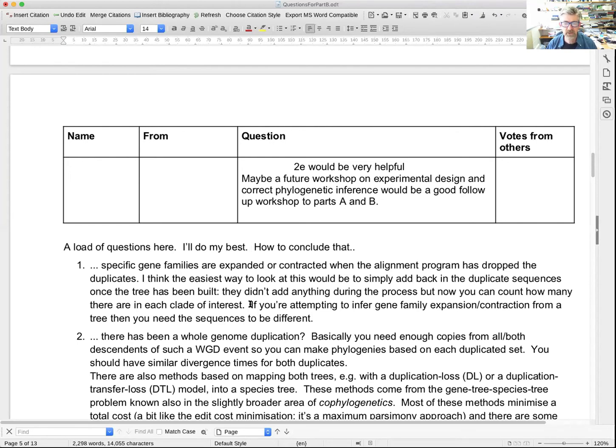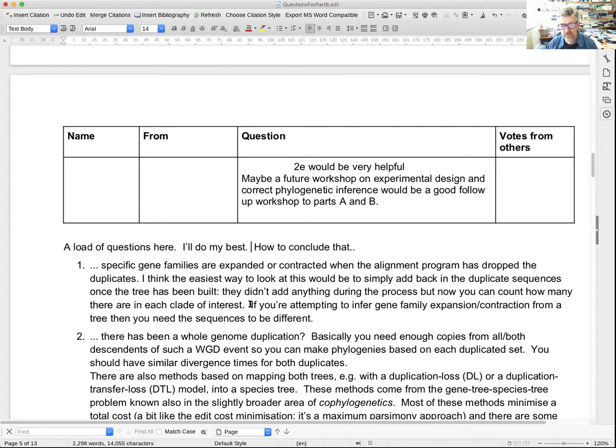So that would mean that perhaps you've got multiple copies of genes and you've sampled them all, and you might be able to use that to conclude that you've got an increase in the size of the gene family at the root of that clade.